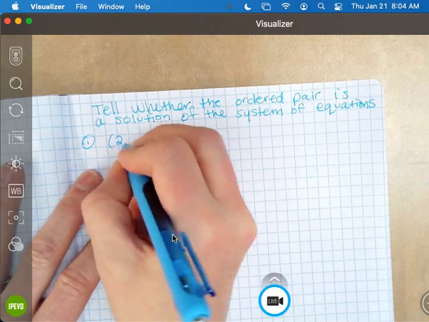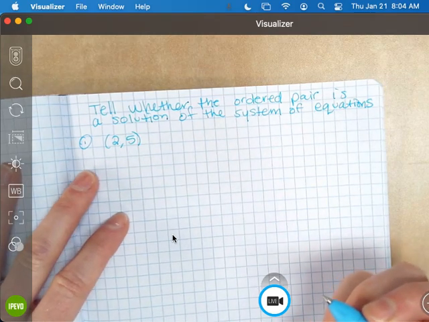So our first one is (2, 5). We're going to see whether that is a solution or not.